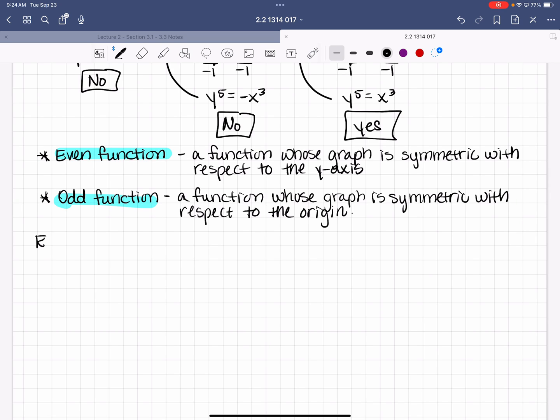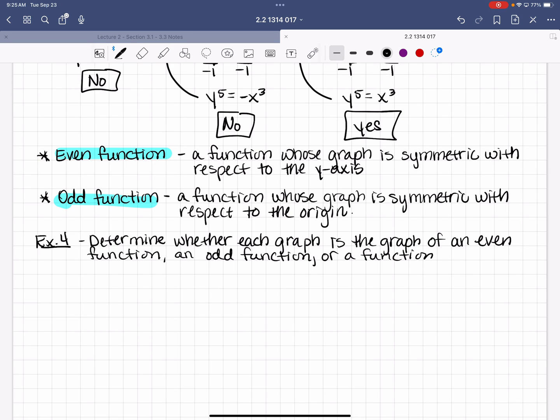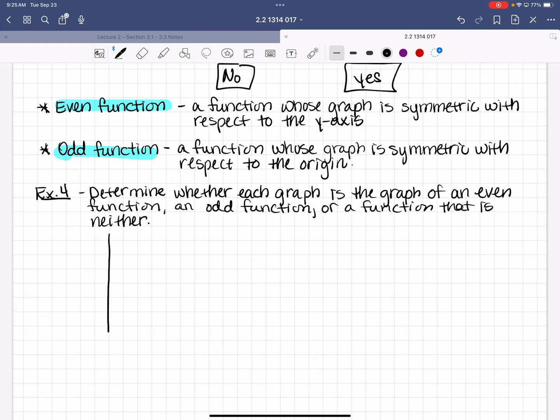Okay, so example 4, determine whether each graph is the graph of an even function, an odd function, bless you, or a function that is neither. Those are some long directions. Okay.